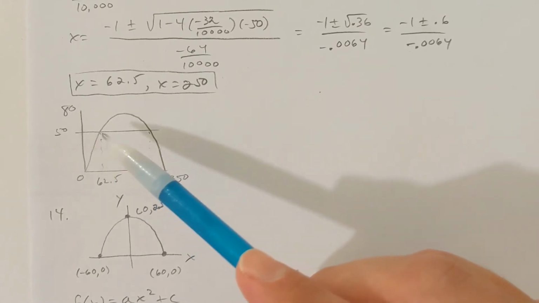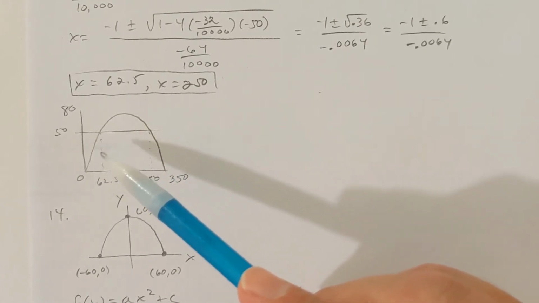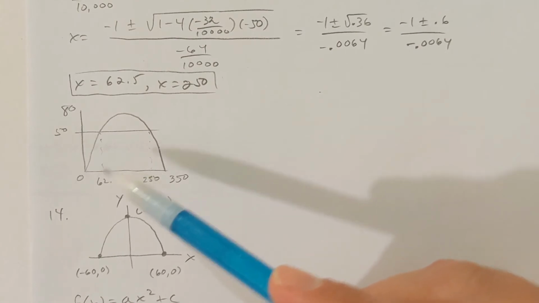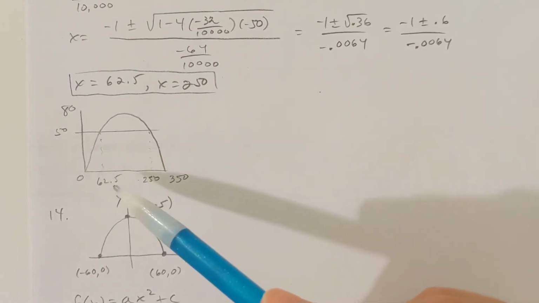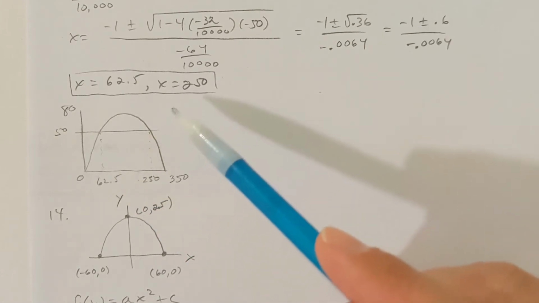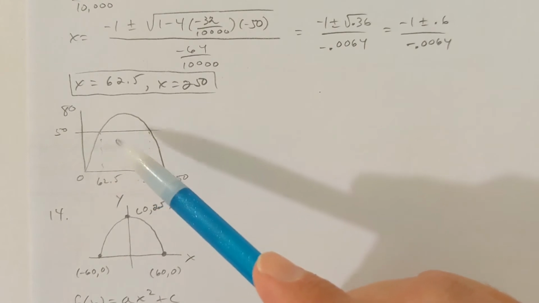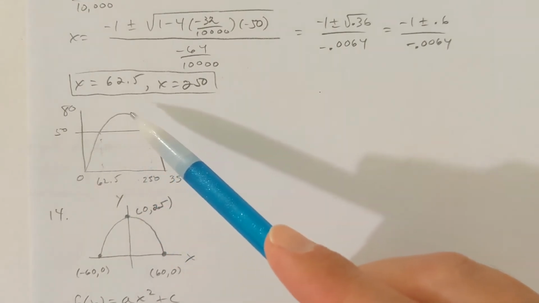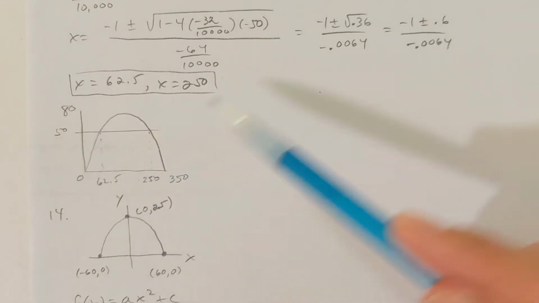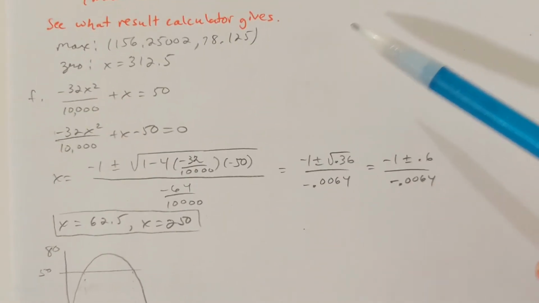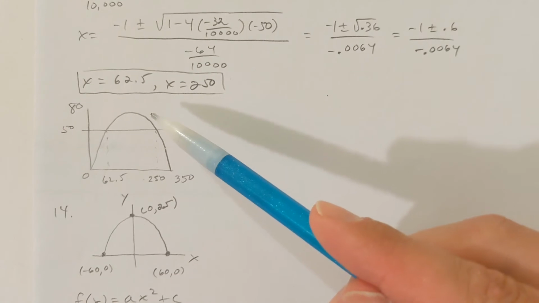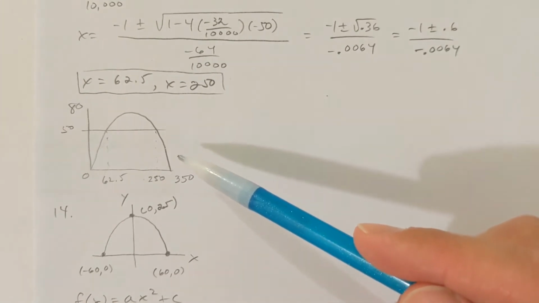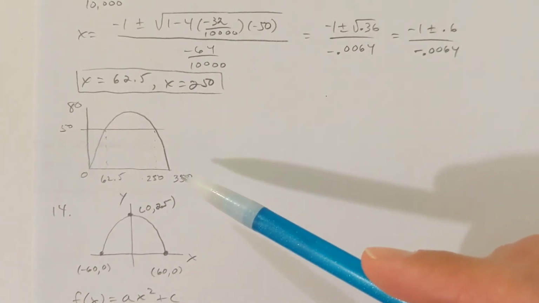Here's 50 feet above the ground is where I'm estimating, and at 62.5 feet and at 250 feet, I'm going to cross that marker. Once on the way up, it's going to continue to go up until 156.25 seconds have gone by, and then it's going to land on the ground.